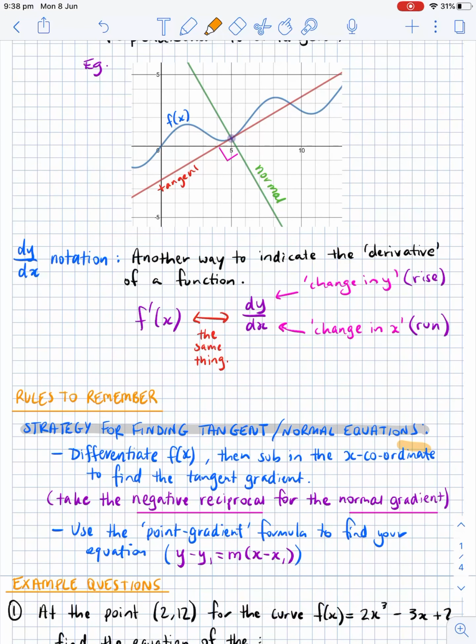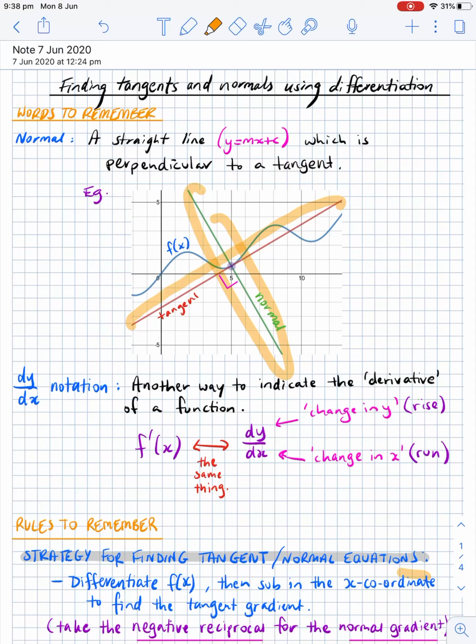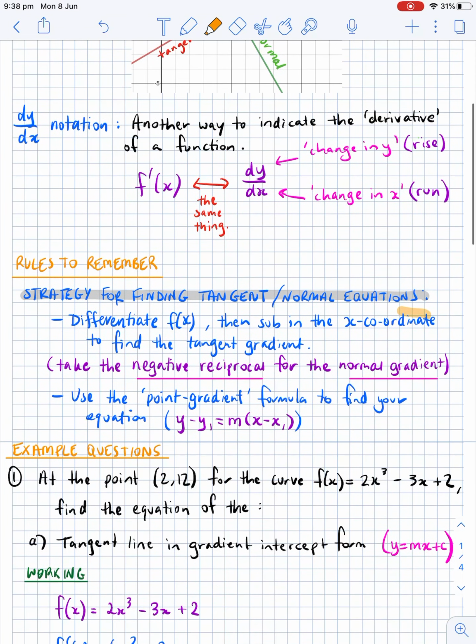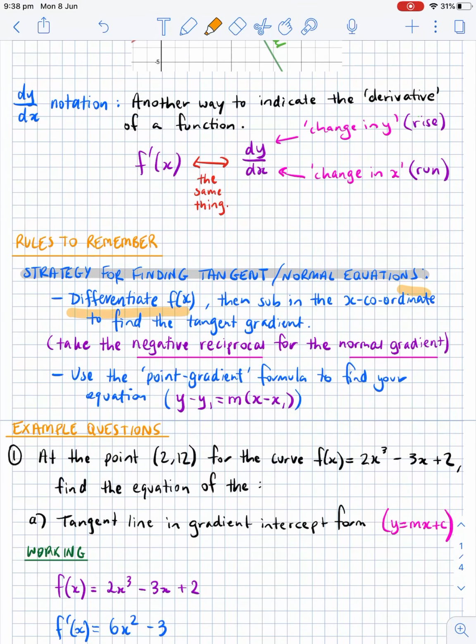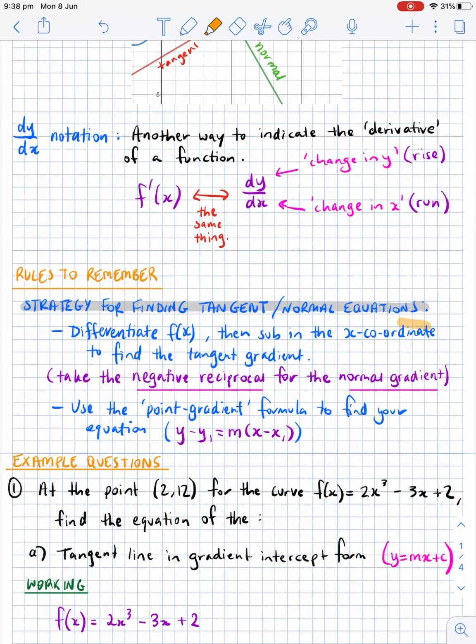Okay, so some rules to remember. We're going to go through the strategy for finding tangent and normal equations, so finding the equations for these normal and tangent lines. First up, you want to be differentiating your f of x. Differentiating f of x allows you to find the gradients at particular points along a non-linear curve, and then you can sub in the x coordinate to find the tangent's gradient.